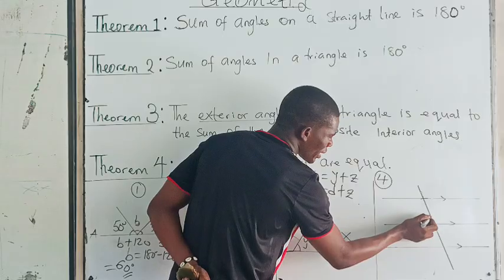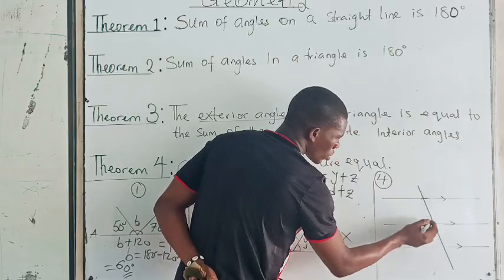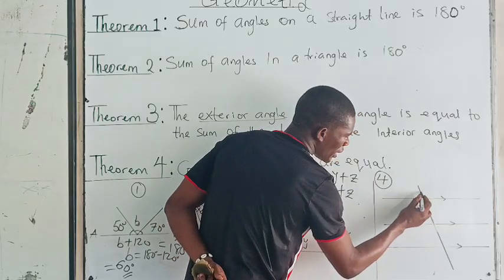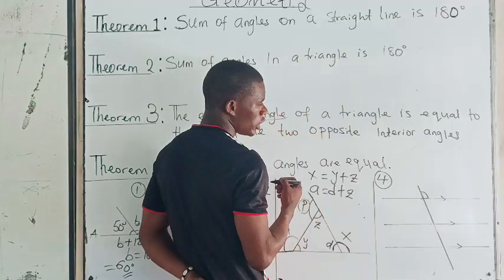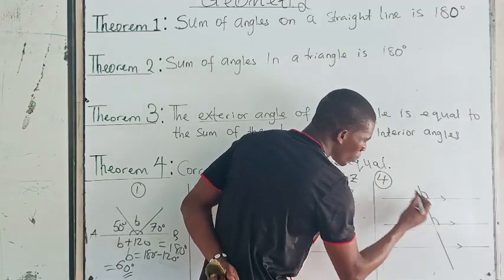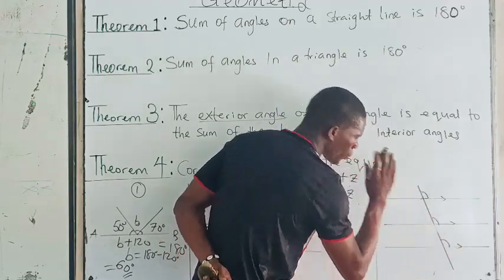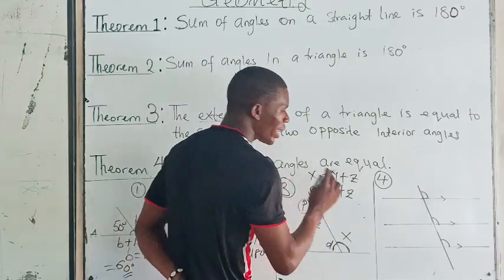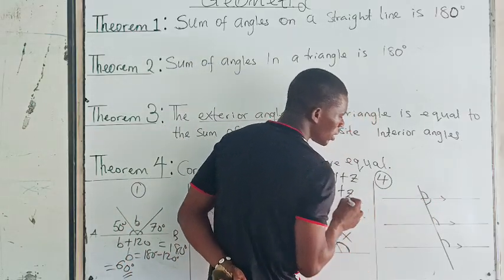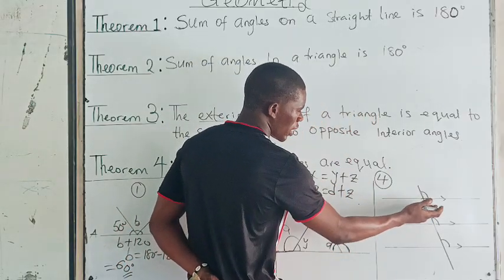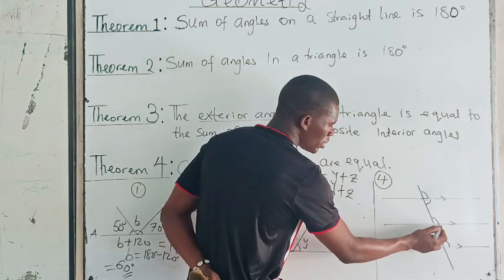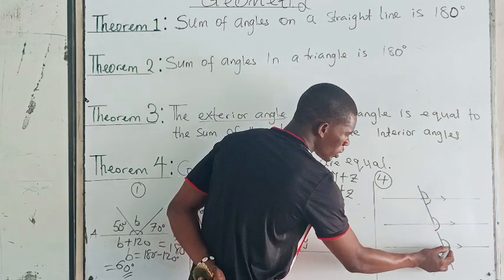So talking about this side, the angle here on top corresponds to the angle here on top, and it corresponds to the angle here on top, right? While the angle here below it is equal to the angle here below it, and equal to the angle here below it.